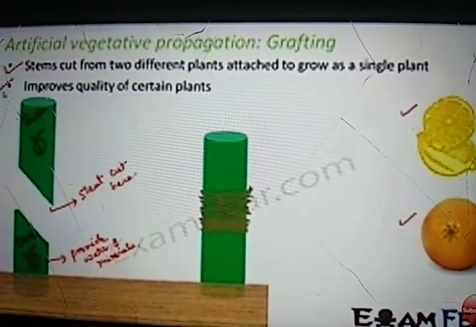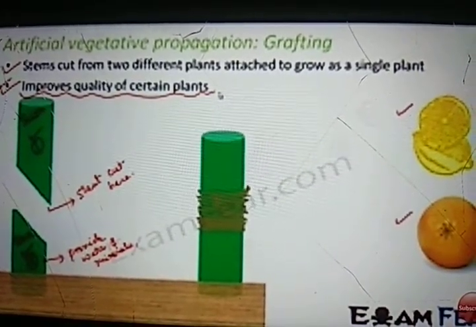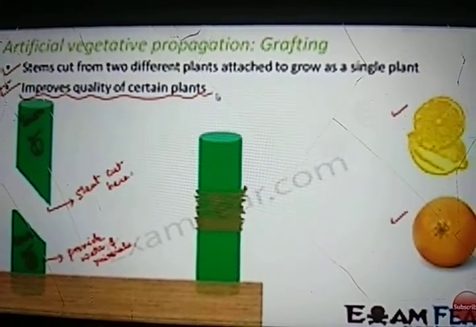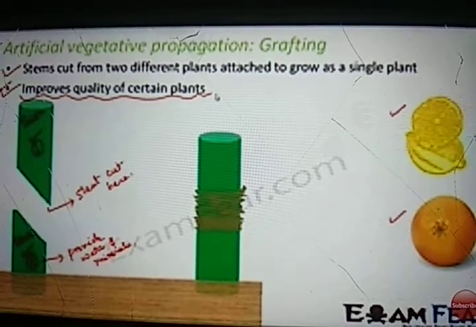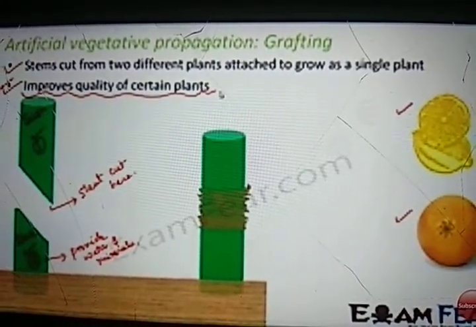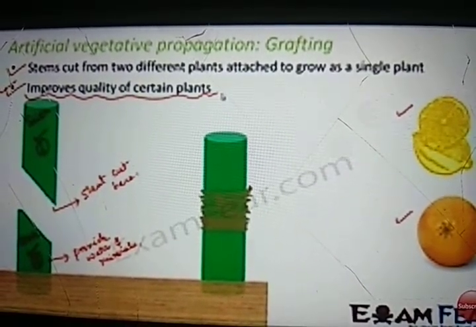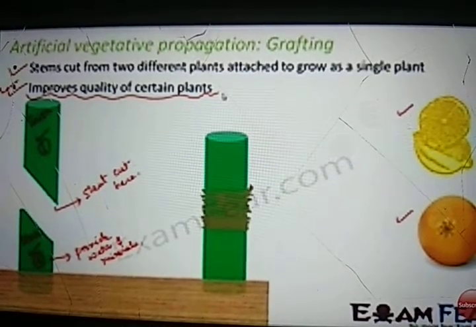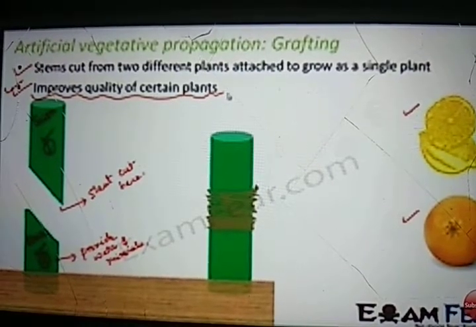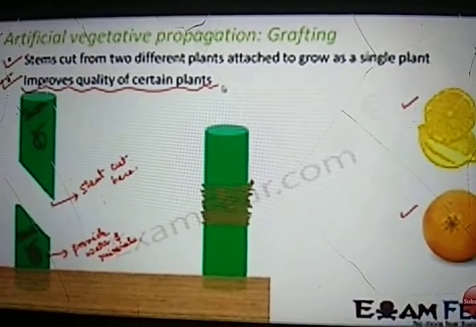So this method can actually help to improve the quality of certain plants, because the choices are in our control. If you feel that a certain fruit is rich in iron or vitamins, or some other food is rich in water content, and we want all of them in one plant, what we can do is take a scion from another stock and do this process of grafting. So grafting will actually help to innovate a better plant which is nutritionally better and healthy for us.